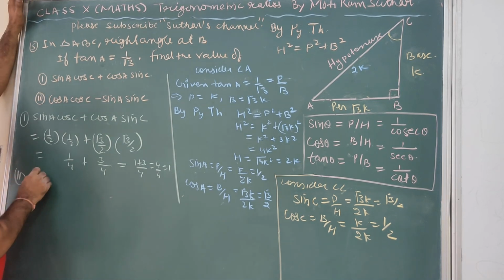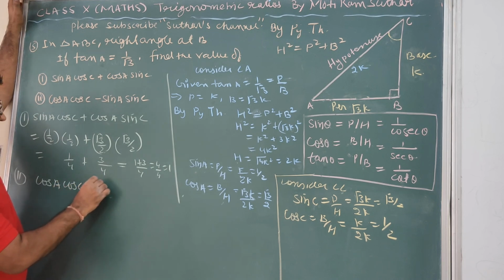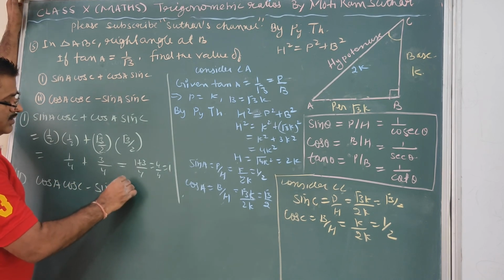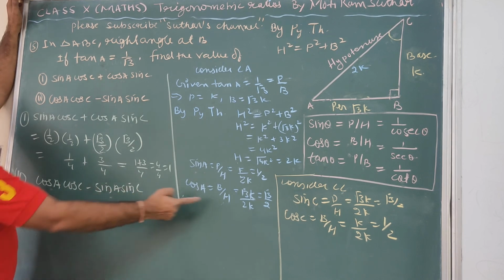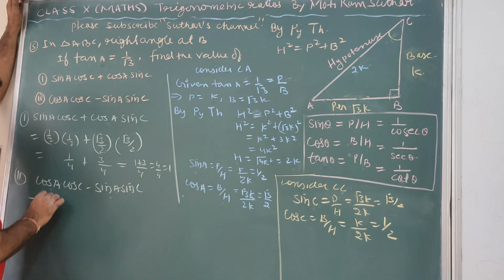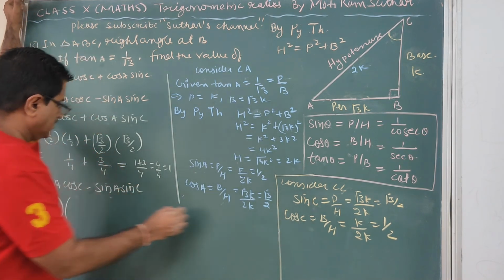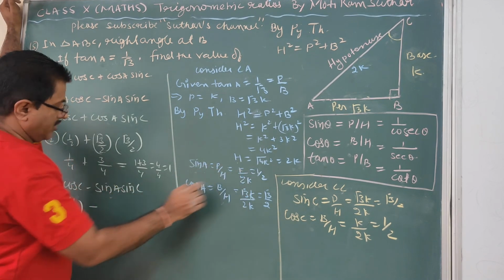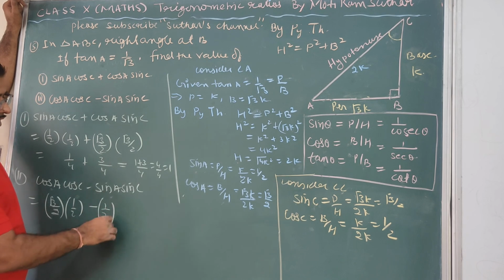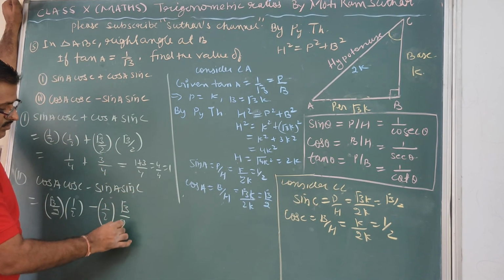Now the second, if you solve cos A cos C minus sin A sin C. Again here put the value of cos A, that is root 3 by 2. Then cos C, the value of cos C is 1 by 2. Sin A is 1 by 2, and sin C is root 3 by 2.